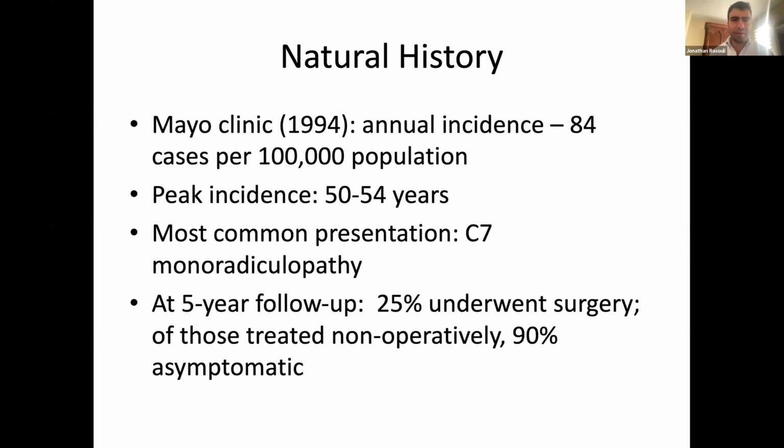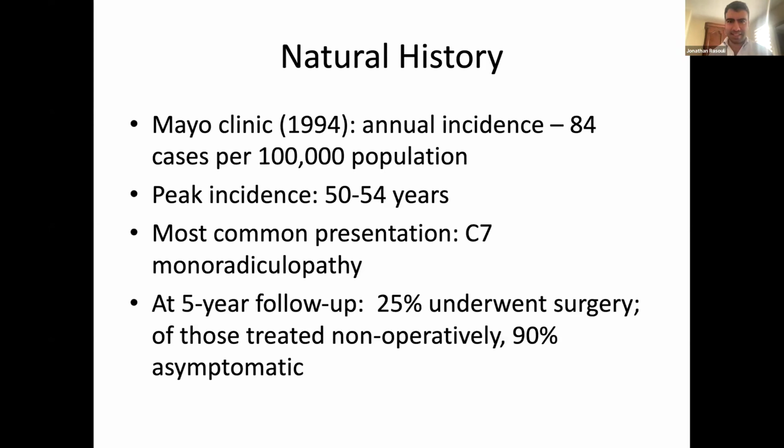What they found is that usually right around 50 or 55, though I feel like this is getting much younger these days, is where people start having neck issues. The most common presentation is a C7 radiculopathy, usually on the side of your dominant hand.